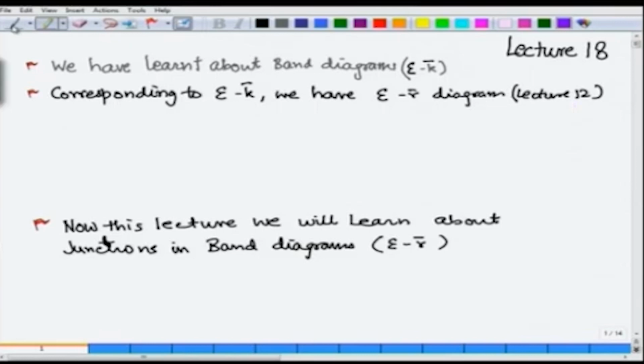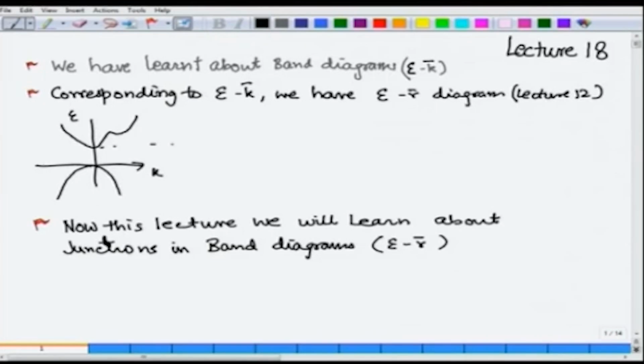If you recall, what we had done was that we had drawn a band diagram, an E-K diagram. If this is the K axis and this is the energy axis, then for some direct semiconductor the conduction band looks like this and the valence band looks like this. So, we could plot another diagram where we could have something like this as another semiconductor, where this axis continues to be the energy axis, but this axis is a position axis, and this was the EC and this was the EV, and this was the band gap.